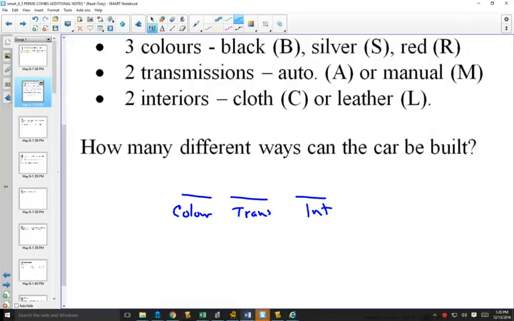So just a little description of what our decision was, and then the number that goes into these spaces, how many choices we have. How many choices of color do we have? 3. 2 choices of transmission, 2 choices of interior. Multiply those all out, and we'll get 12. Now we could do this with a tree diagram as well, but the spaces technique allows us to get the total amount probably in the quickest way.